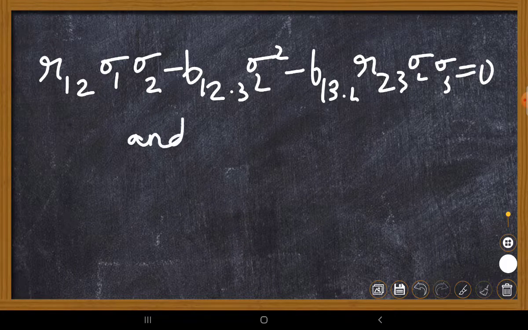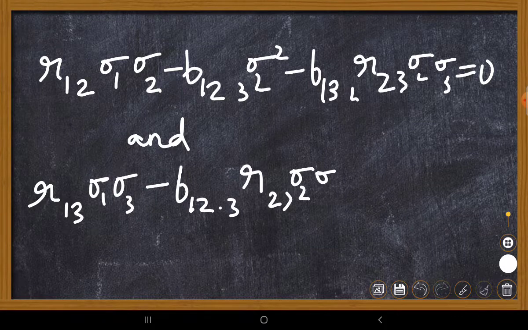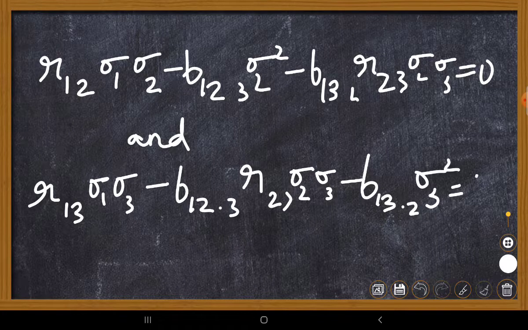And the other normal equation will be r13 sigma 1 sigma 3 minus b12.3 r23 sigma 2 sigma 3 minus b13.2 sigma 3 square equal to 0, okay?